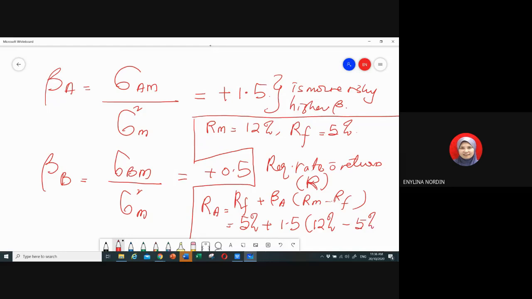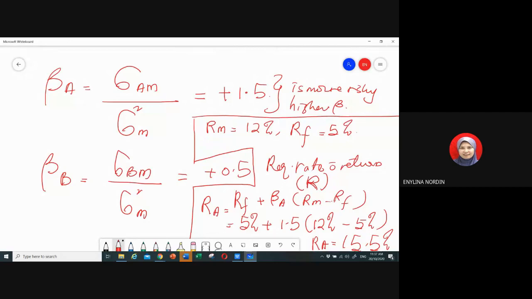So that means returns on stock A is what? 7 times 1.5, berapa? So 10.5. 10.5 plus 5, that means you get 15.5%. So that is returns on stock A. Okay, required rate of return on stock A using CAPM.